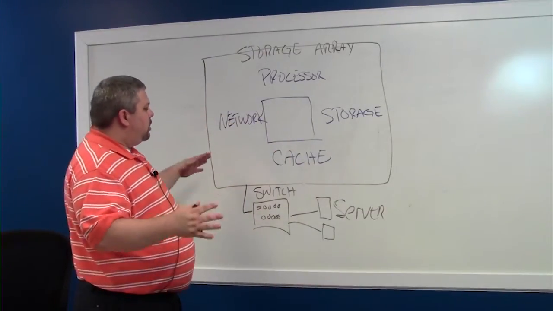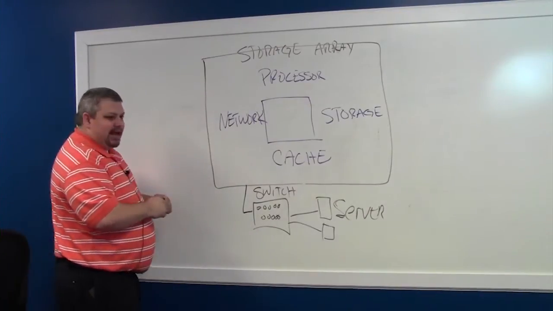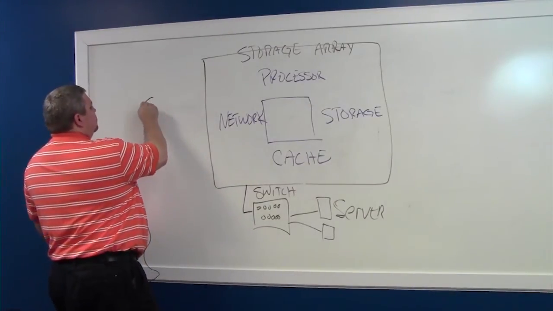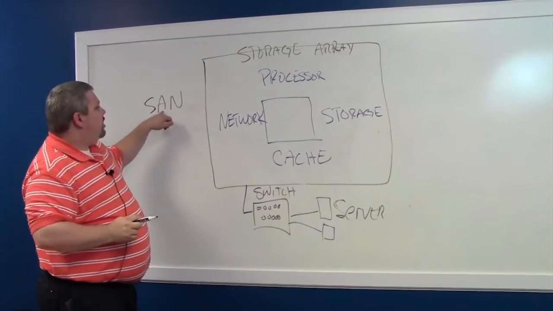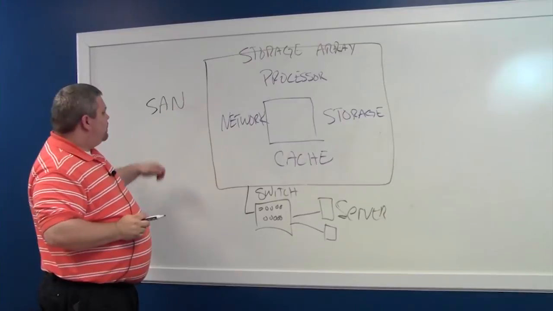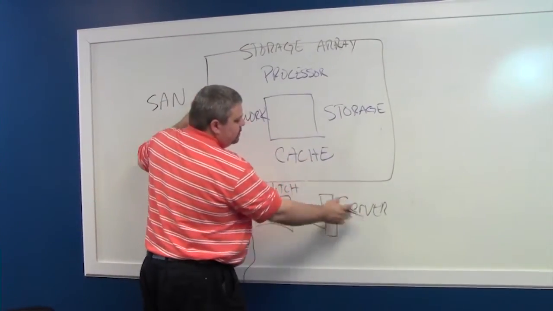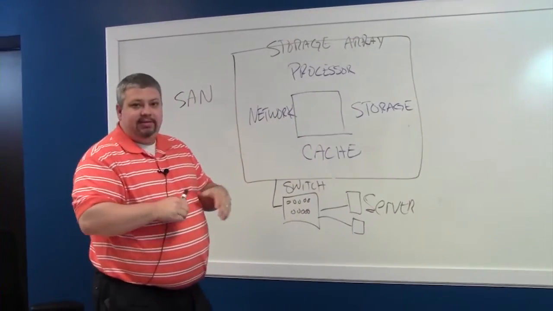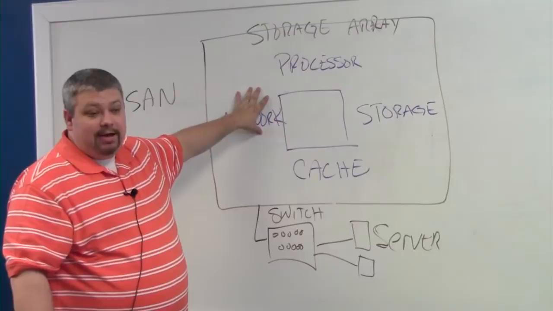If you were talking about what is a SAN? A SAN is a storage area network. So the network is this whole thing, right? Some people, when they say SAN, are talking about just the storage array itself.